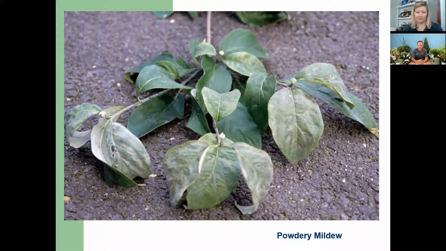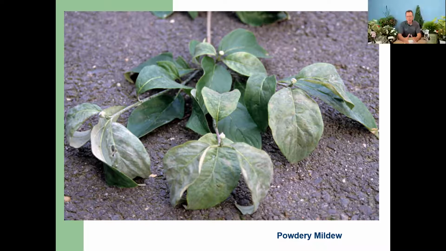Over time, what we found is that powdery mildew develops different strains. It mutates, different strains develop. And so this was a mutation or a strain of mildew that infects dogwood. So when we talk about mildew, I emphasize that's a group of pathogens. A mildew that's affecting your rose will be different from the mildew that's affecting your cucumber, which will be different from the mildew that's affecting your dogwood.